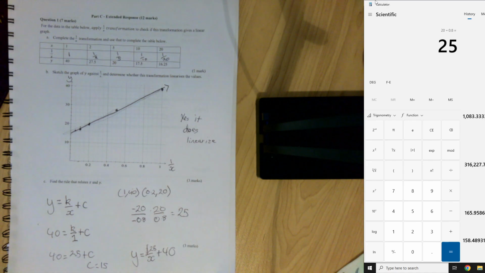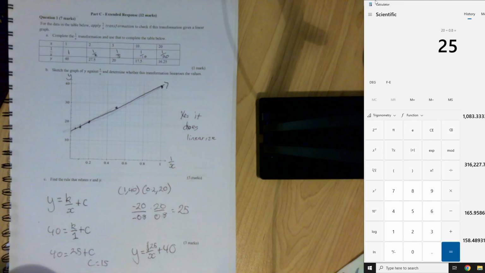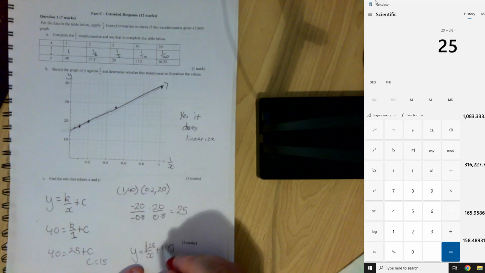I did, because I used the wrong value here. Well, 15 seems to work. Why have I done plus 40? It's plus 15.